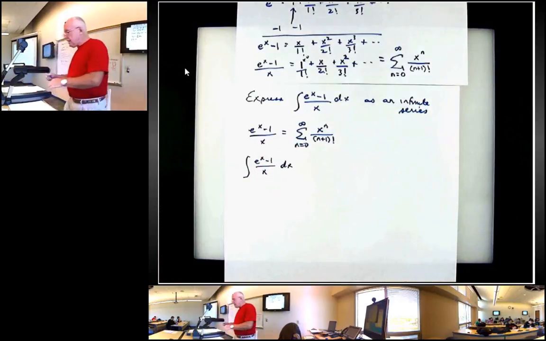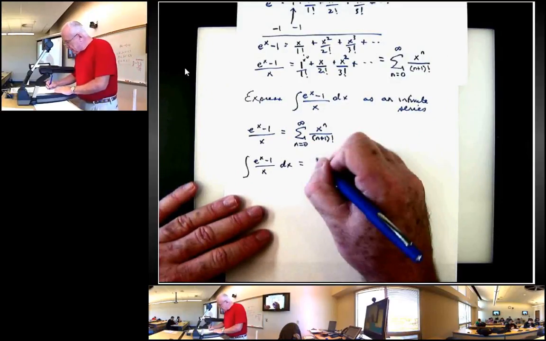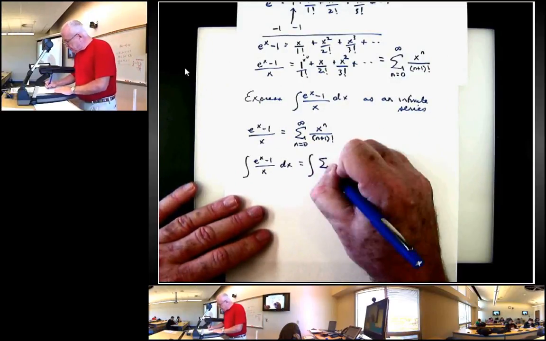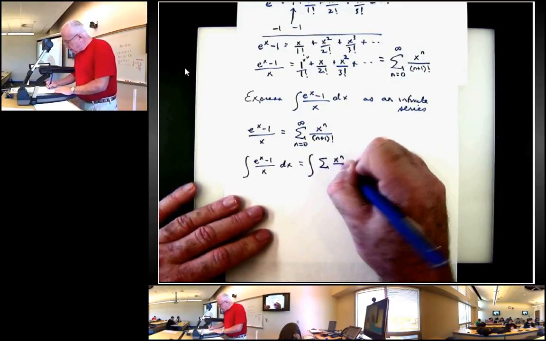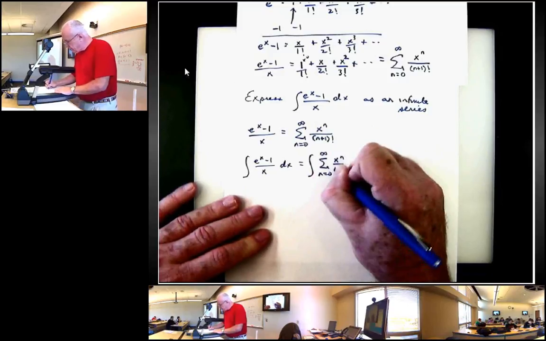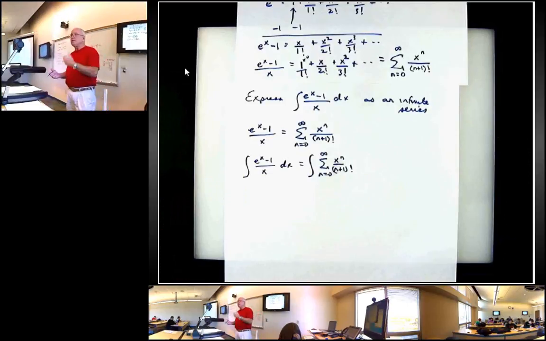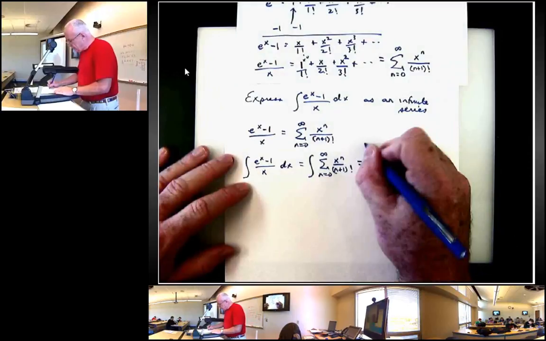It's as simple as doing the antiderivative of the other side, the antiderivative of our summation. As long as this converges, for all the values for which it converges, I can just go on and do it term by term.